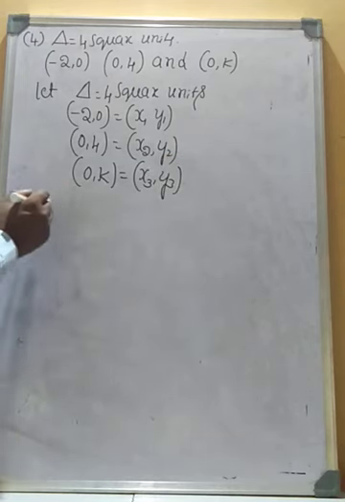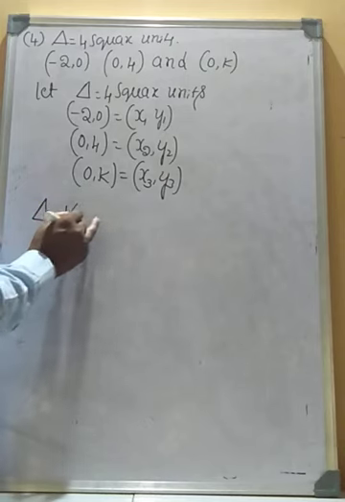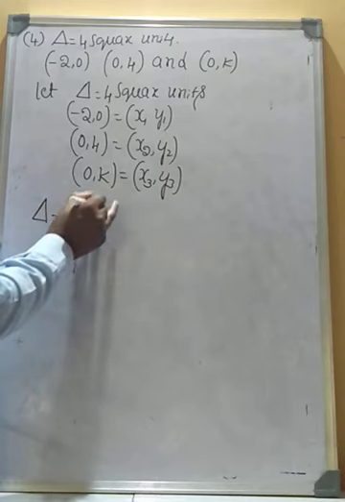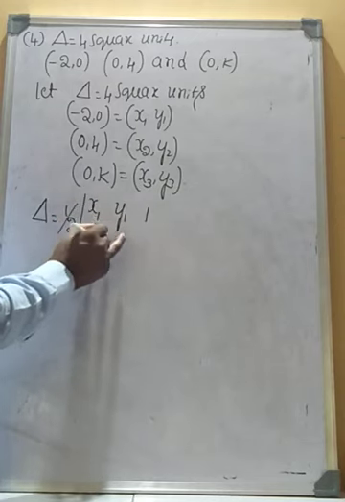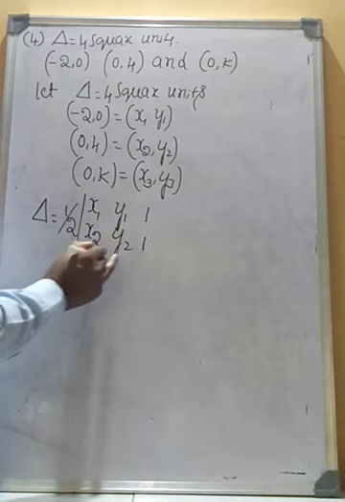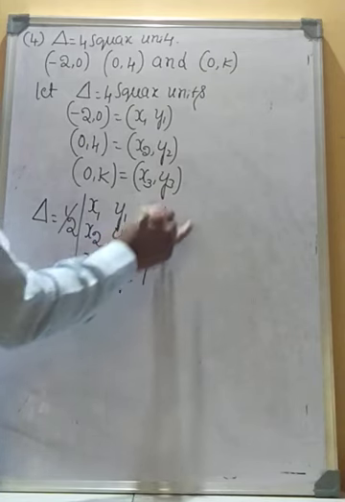So the area of triangle formula: delta is 1 divided by 2 times the determinant of x1 y1 1, x2 y2 1, x3 y3 1.